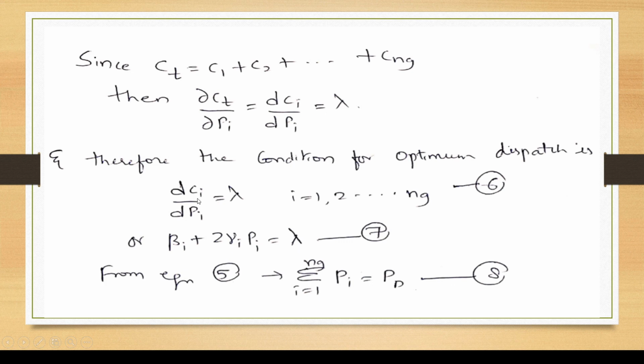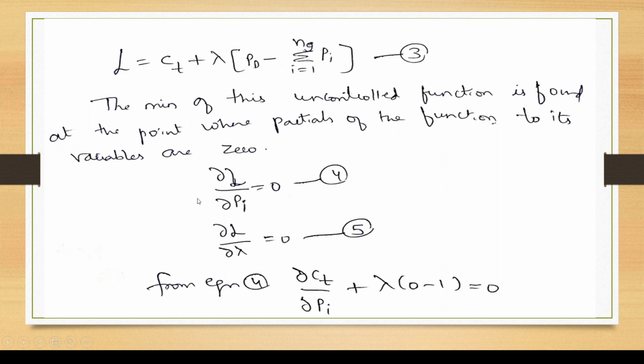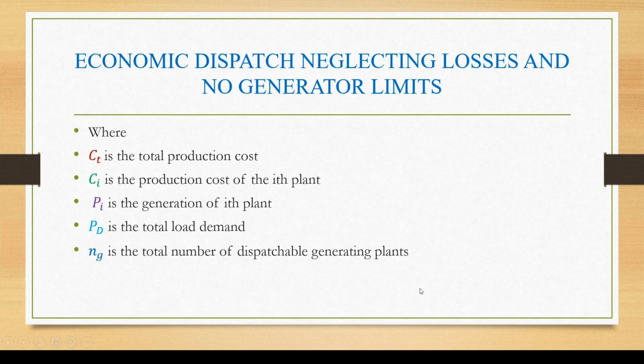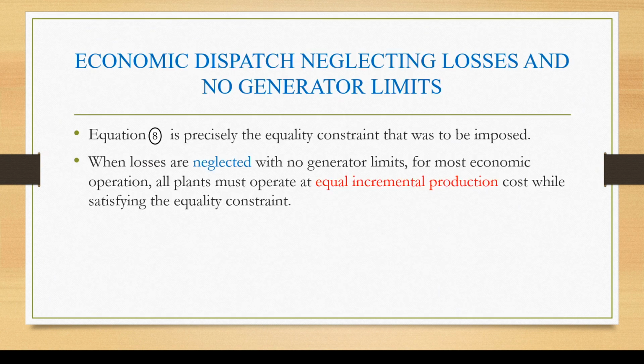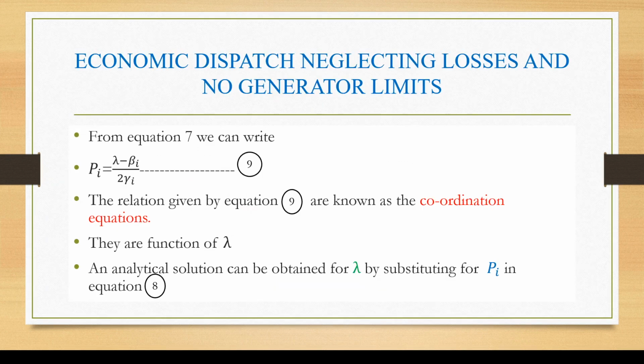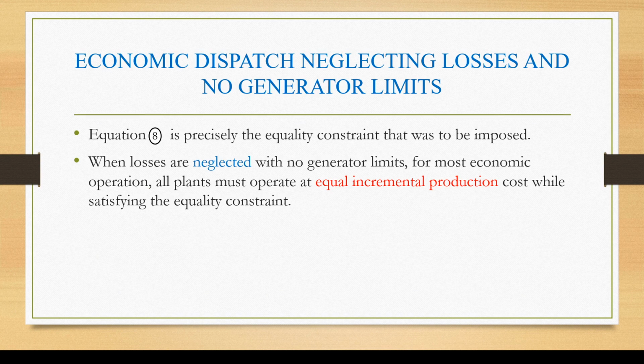Now from equation 5, dou L by dou lambda equal to 0, we can write summation i equal to 1 to Ng, Pi is equal to PD. Pi is nothing but the generation of the ith plant, that is equal to the total load demand. So this equation 8 is the equality constraint that was to be imposed.